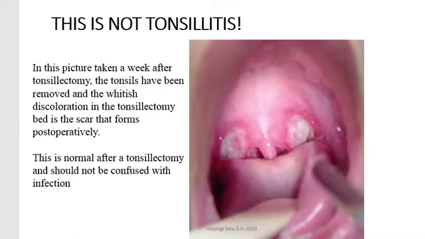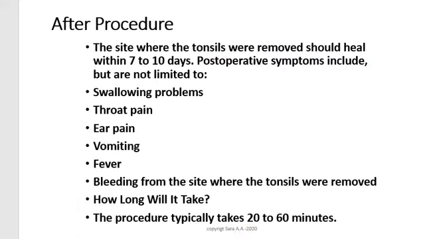This is normal after a tonsillectomy and should not be confused with infection. The site where the tonsils were removed should heal within 7 to 10 days. Postoperative symptoms include, but are not limited to, swallowing problems, throat pain, ear pain, vomiting, and fever. But the most dangerous one is bleeding.